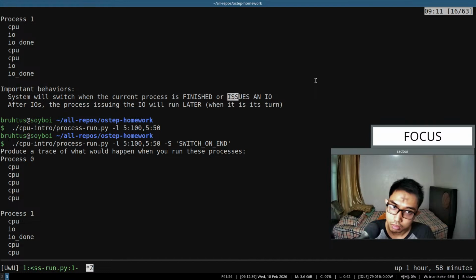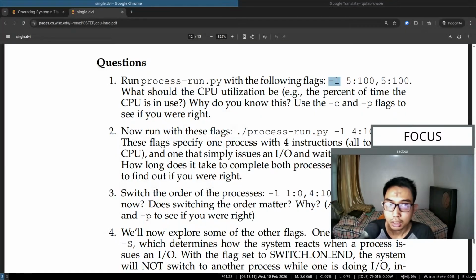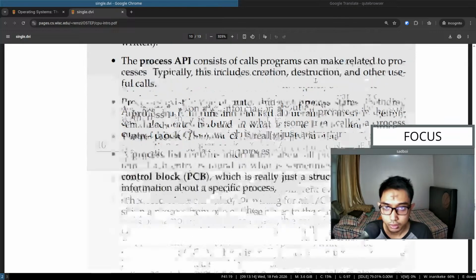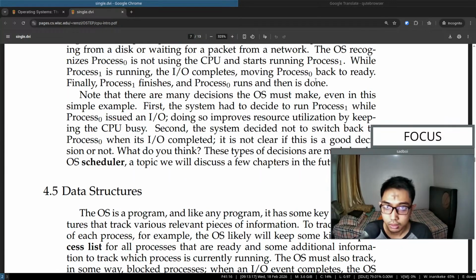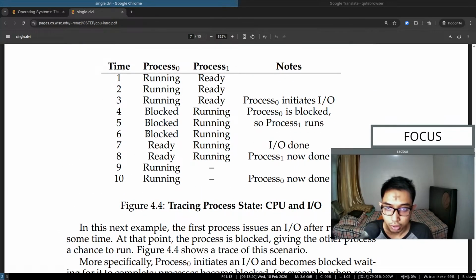So if the current process is not finished, and then what happened when the process issue an input-output? Oh, okay, wait a minute. So when the current process issue an input-output, we will switch to another process. So like, what is it called? The state become, where is it? The state become blocked, right?